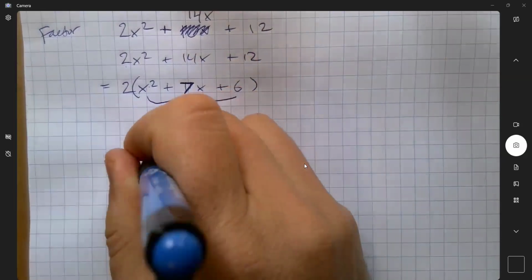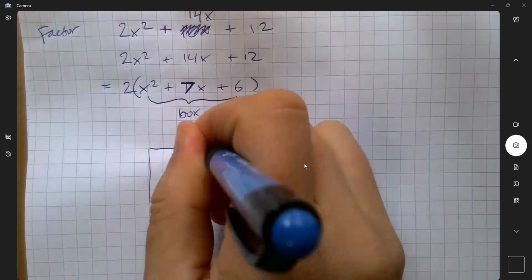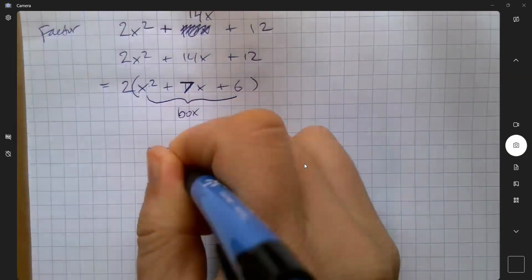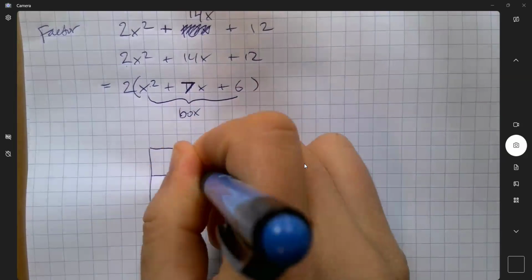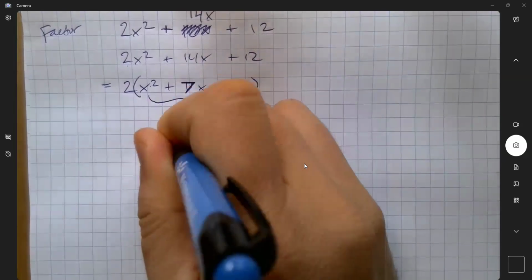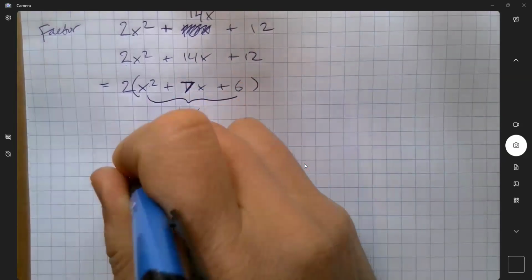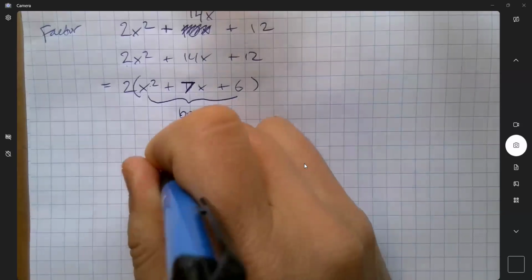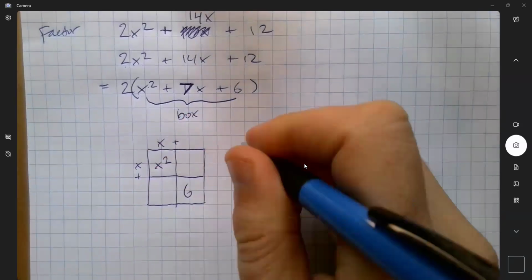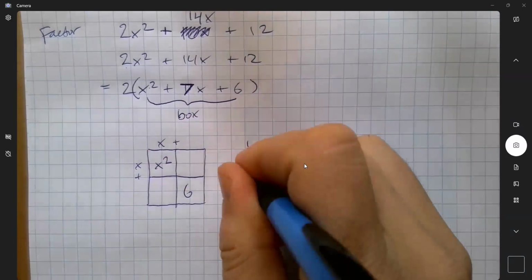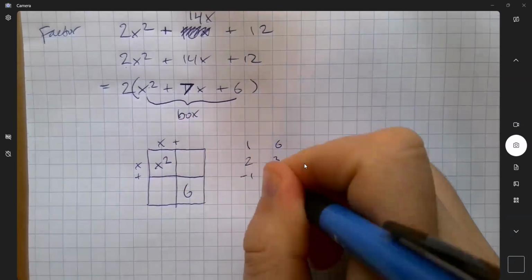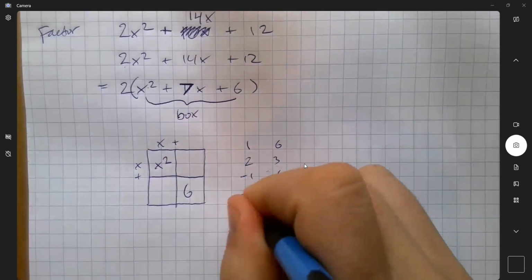So I'm going to draw my box. And I have an x plus, and an x plus. So I get an x squared here and a 6 there. So I need two numbers that multiply to 6 and add to positive 7.